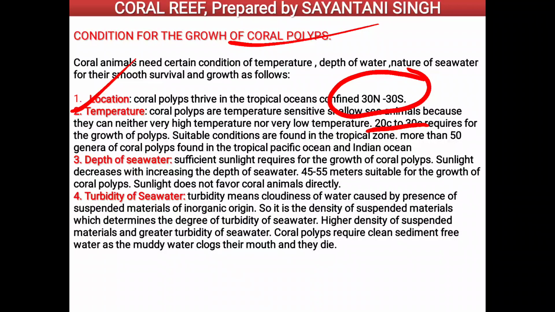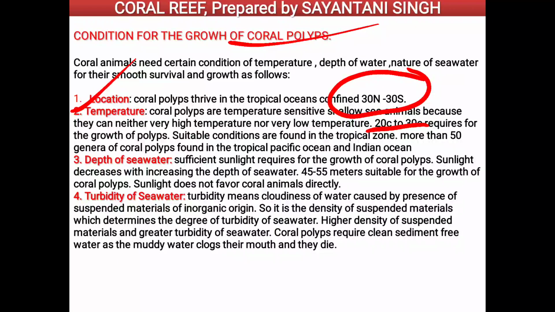Next one is turbidity of seawater. What is turbidity? First we should know. Do you know what is turbidity? Turbidity means the cloudiness of water caused by the presence of suspended material of inorganic origin. Due to the suspended material present in the water, it becomes muddy.